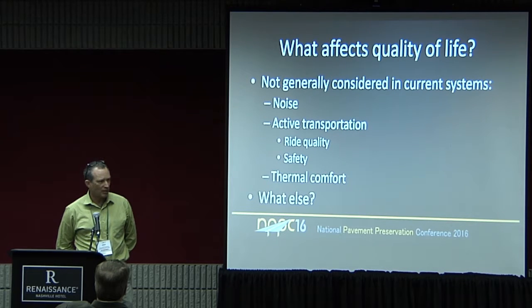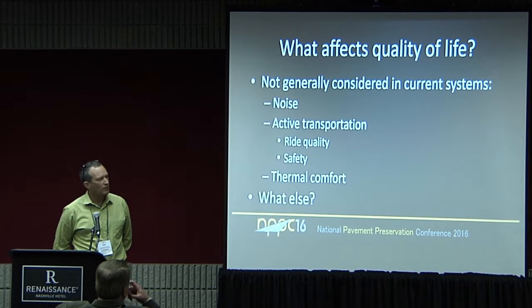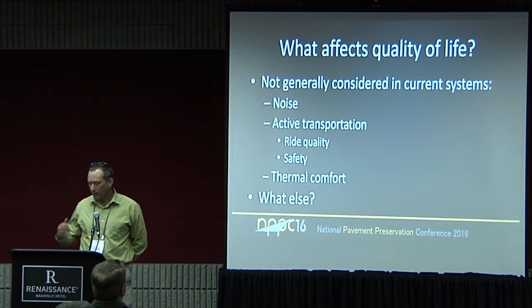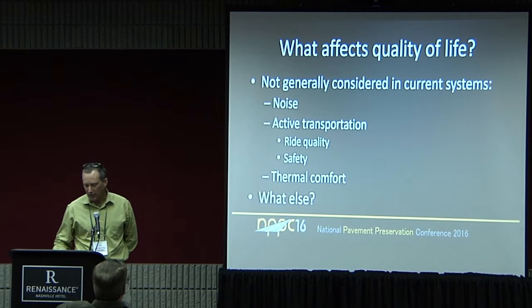And active transportation basically means non-motorized transportation, ride quality, safety, and then roads also can have an impact on thermal comfort in some contexts. There may be other things. We're actually putting together a framework for human quality of life and roads and preservation right now.